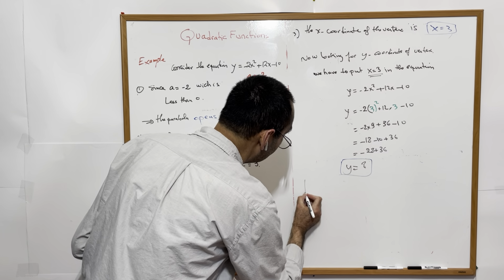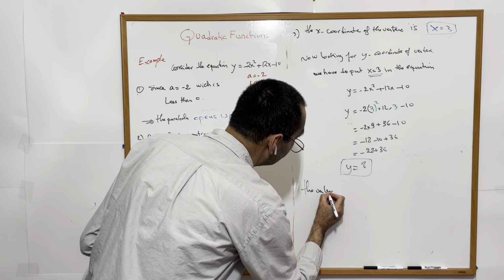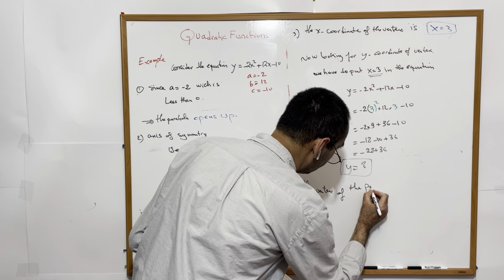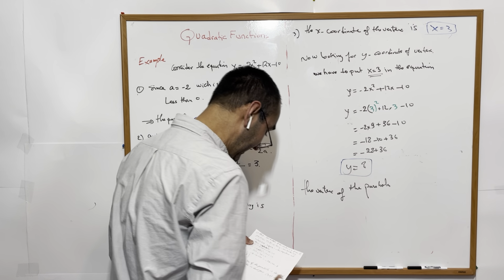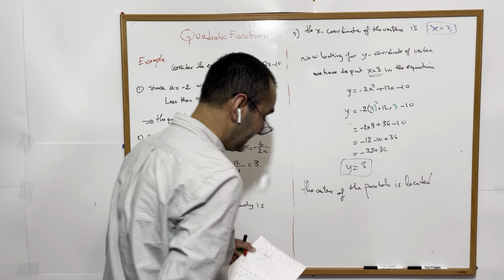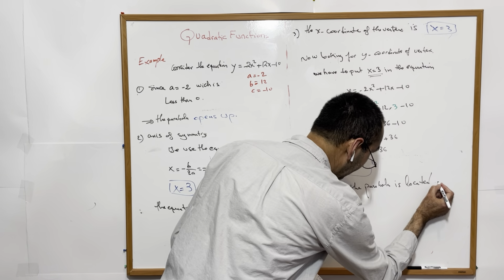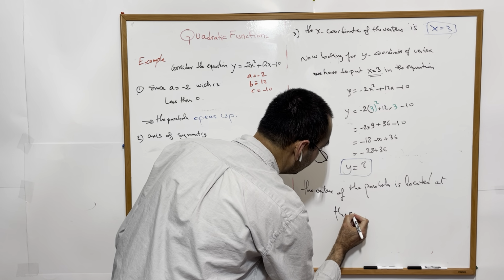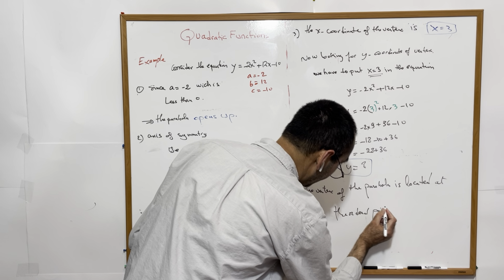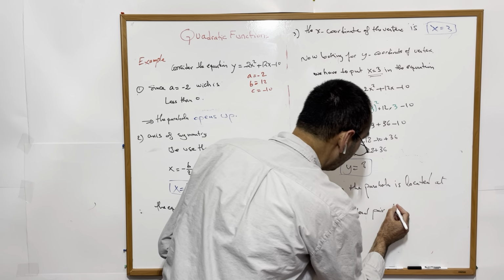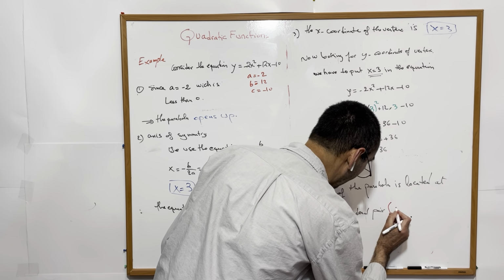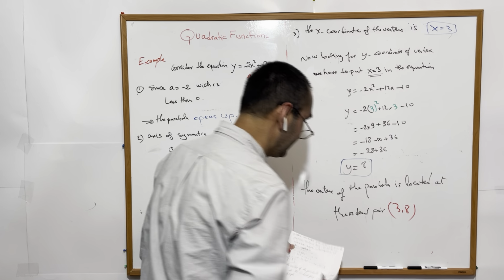The vertex of the parabola is located at the ordered pair x and y: x equals 3, y equals 8.